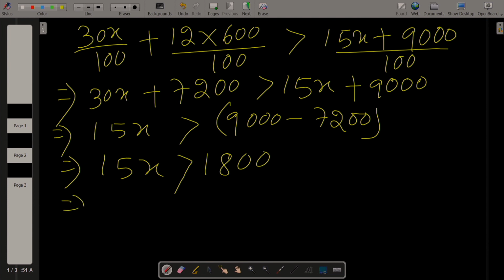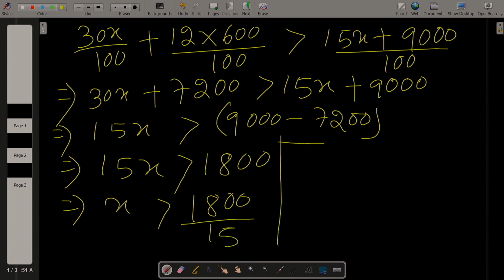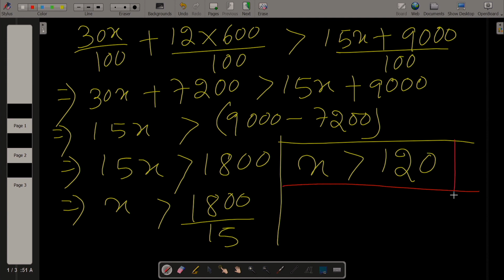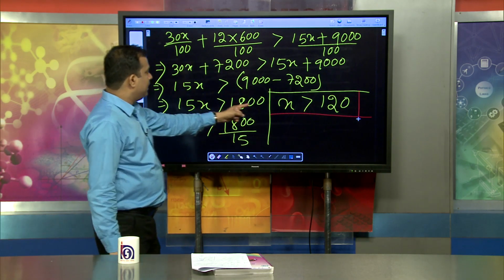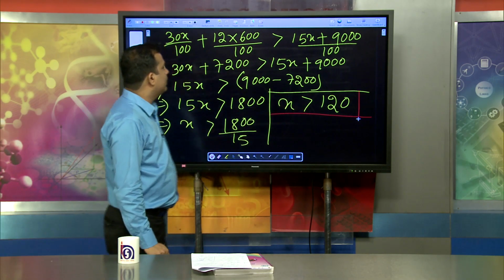Now x is greater than 1800 divided by 15, that means x is greater than 120. This is the first inequality, where we have found the value of the unknown quantity x is more than 120.